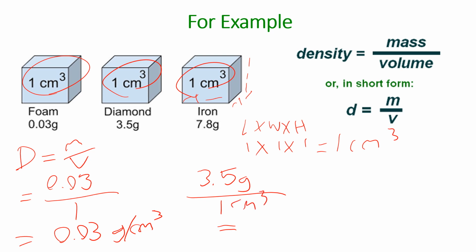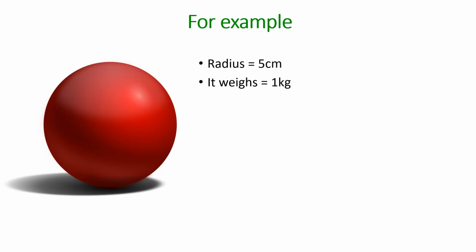Means we've got 3.5 over 1 equals 3.5 grams per centimetre cubed. And if we did the iron one, we'd come up with an answer of 7.8 grams per centimetre cubed.